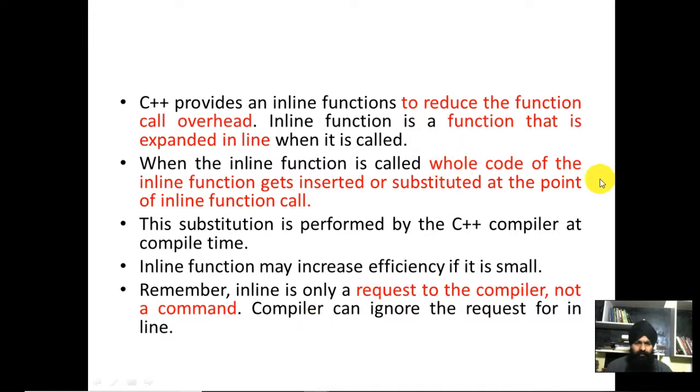So you can see that the whole code of an inline function gets inserted at the point of the inline function call. Right? This is a request to the compiler, not a command. So the compiler can ignore the inline mechanism.